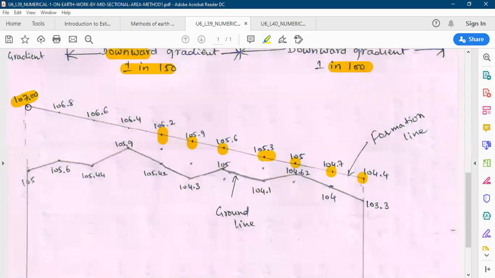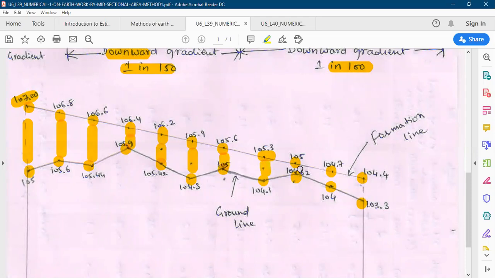The RL of the ground is given in the question. Using this RL of formation and RL of ground, we can calculate the depths: depth d1 between these two points, depth d2, depth d3, depth d4, similarly depth d5, depth d6, depth d7.